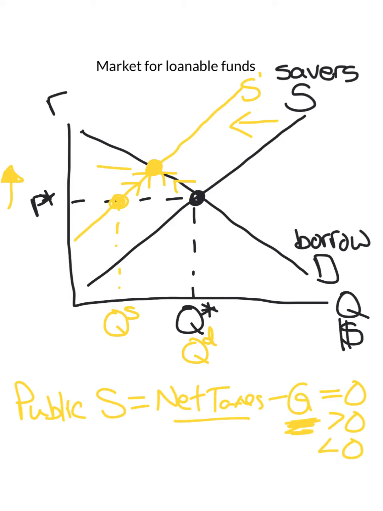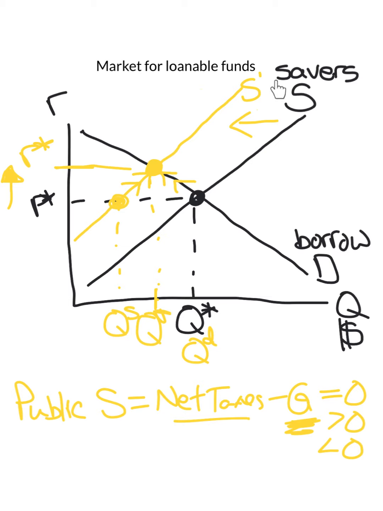And we end up at this new equilibrium where the interest rate is higher, right? So the cost of a loan is higher, and you see that the equilibrium quantity is now lower than it was originally, right?